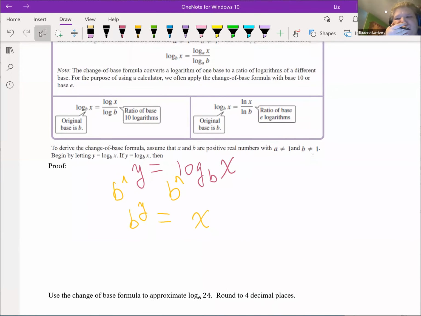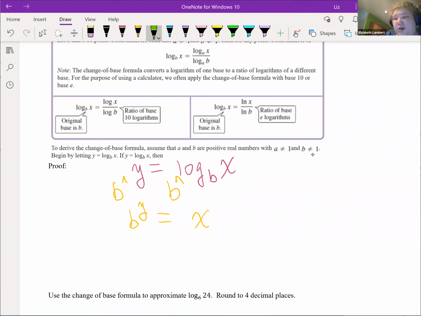Now, the fanciest way to do this would be to use log base b on both sides if I want to solve for y. But I don't have a log base b on my calculator. So I'm going to use something I do have on my calculator. We can either do it with base 10 or base e, so either regular log or natural log.